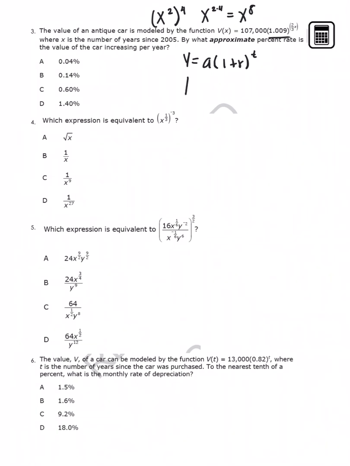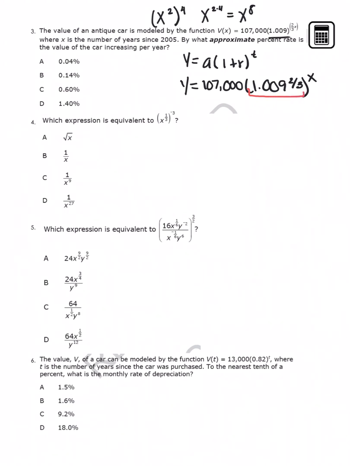So we have y is equal to 107,000 times 1.009 to the 2/3, and then let's put the x for time back out there. Now we have a little bit of math to do to find the actual number in here.